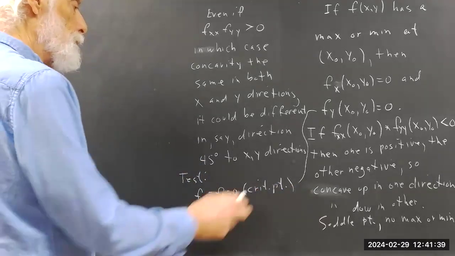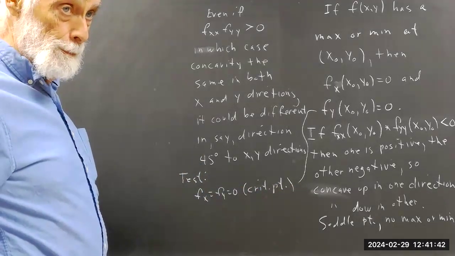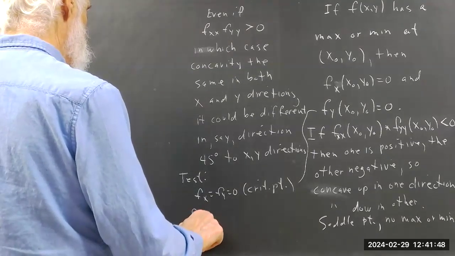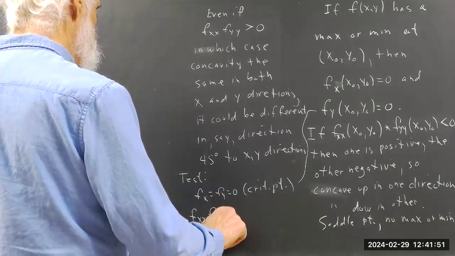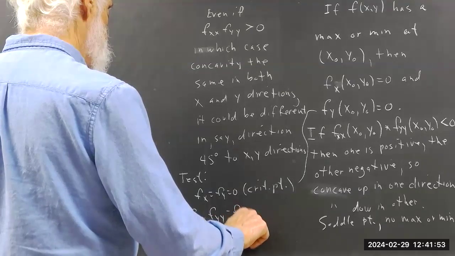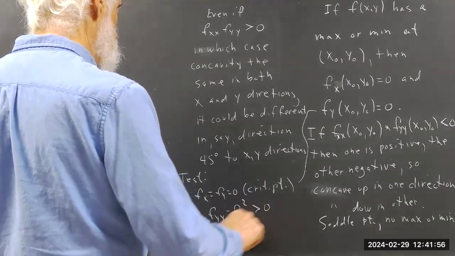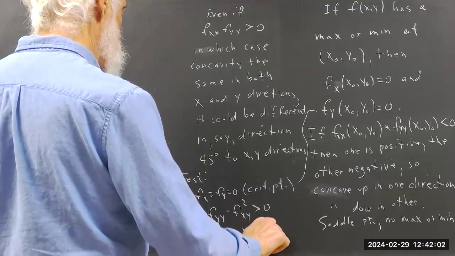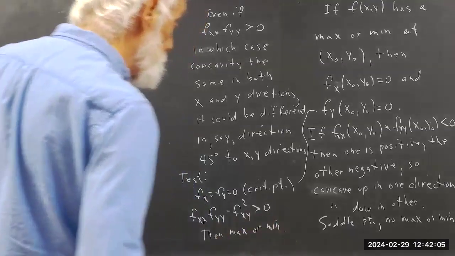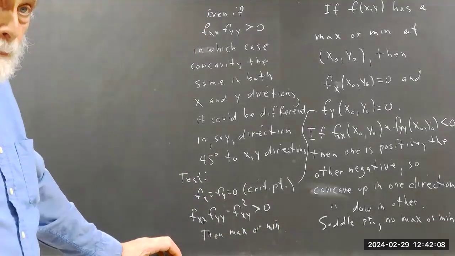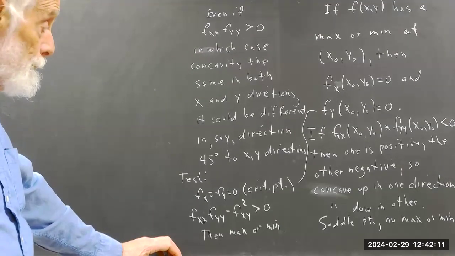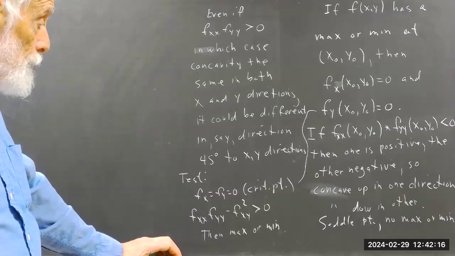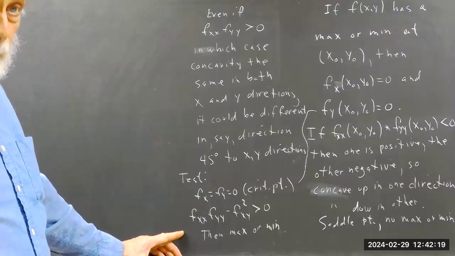f_x equals f_y equals 0, you have a critical point. Okay. Then you have a maximum or a minimum. If it's less than 0, you have a saddle point.